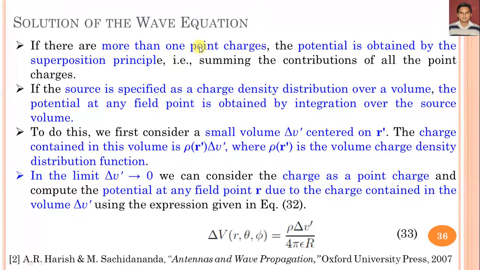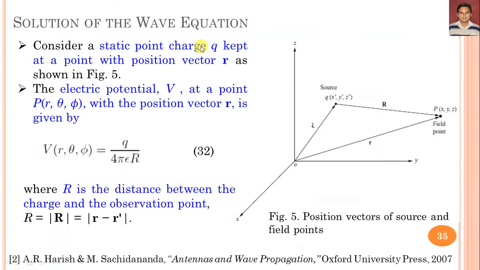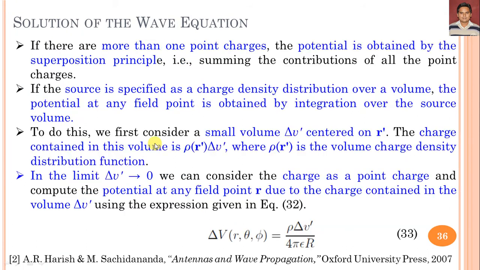This equation is valid for one point charge. If more than one charge exists, the potential is obtained by the superposition principle, which states that we sum the contributions of all the point charges. If the source is specified as a charge density distribution over a volume, the potential at any field point is obtained by integration over the volume.